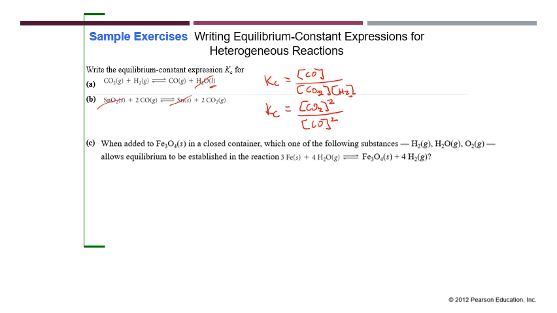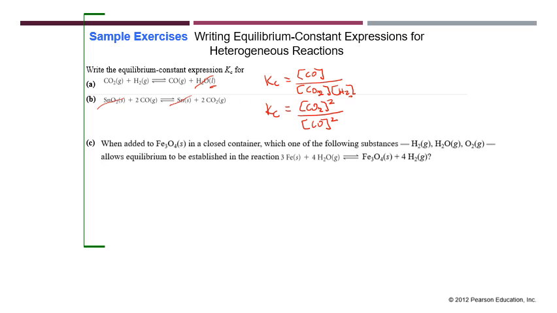And finally for C, when added to Fe3O4 as a solid in a closed container, which one of the following substances would allow the equilibrium to be established in this reaction? So I have 3 Fe as a solid plus 4 H2O as a gas, forming Fe3O4 as a solid plus H2. So just remember, the forward rate of the reaction equals the reverse rate of the reaction once equilibrium is established.